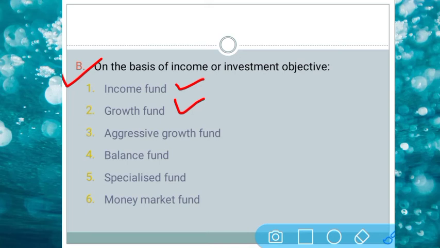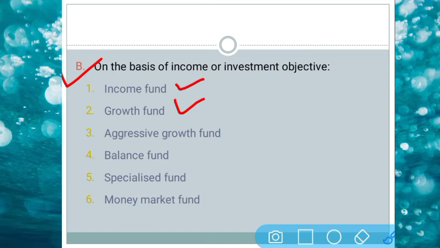In growth funds, the focus is on capital gain, on increasing the value of our total investment rather than earning regular income. Those investors who do not want to earn regular income but want to take the advantage of capital gain, want to increase their total wealth, are generally the investors who invest in growth funds.